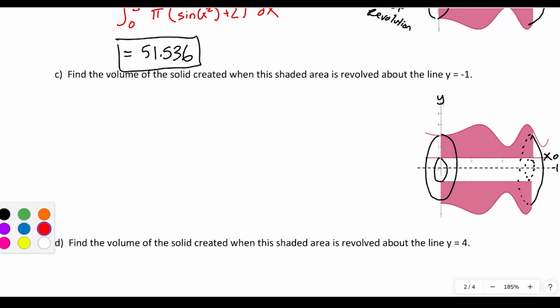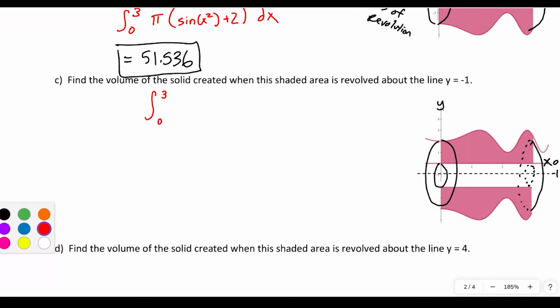So let's write down the idea here. From 0 to 3, we're going to have the big circle, the area of the big one, minus the area of the small one, and then multiply that by dx.